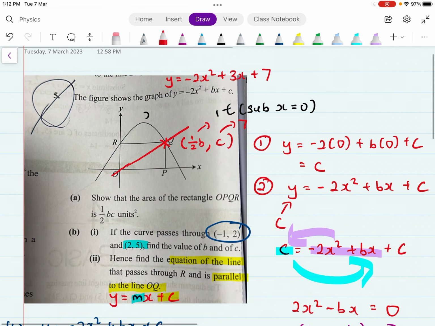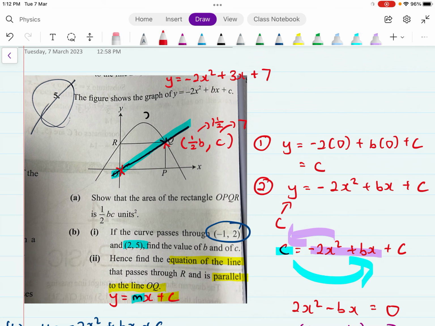So half of it is just 1.5. Right? Okay, so given the idea here, can I find what is the gradient of OQ? Definitely can, because I got two coordinates, right? So first, I know, oh, what is this? 0, 0. I know my coordinate of Q, 1.5 and 7.